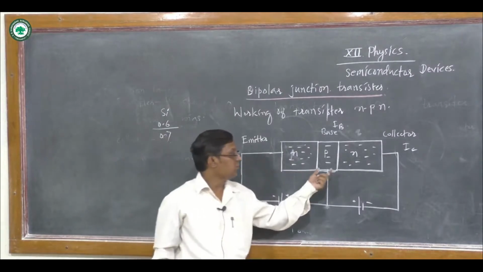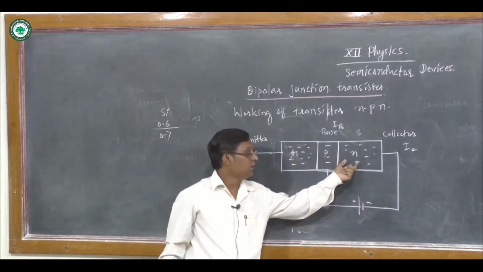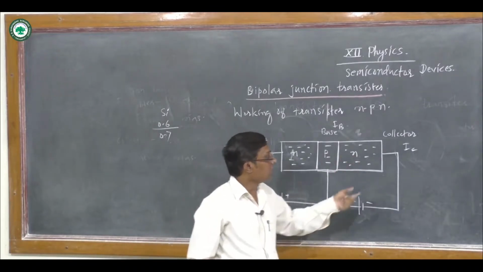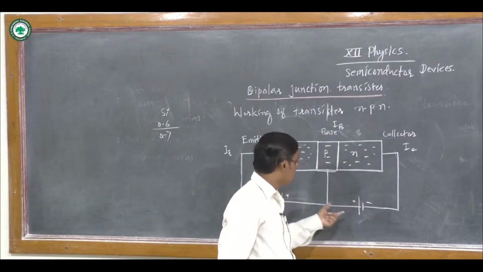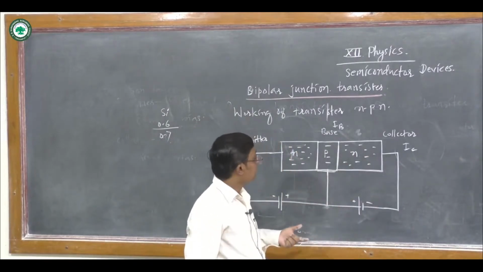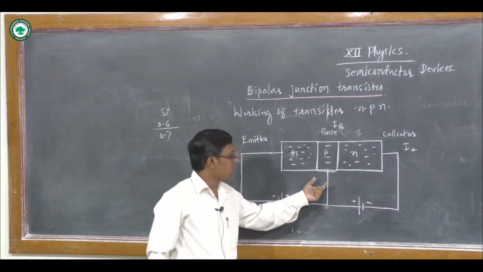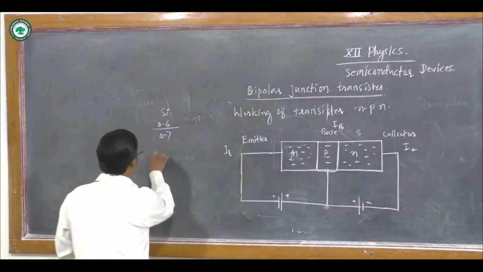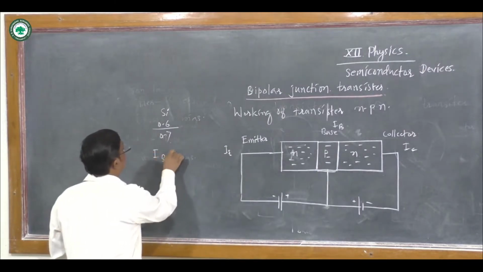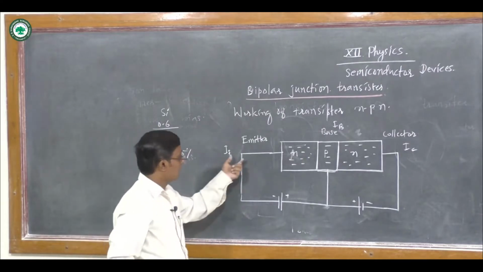Because the majority carriers enter this region, it starts to conduct, and we get the IC current across the collector and the base. The current which we get through the base, IB, is nearly about 5% of the IE.